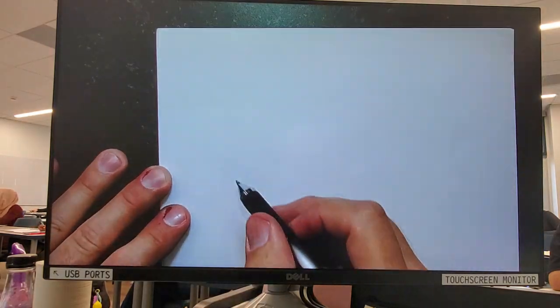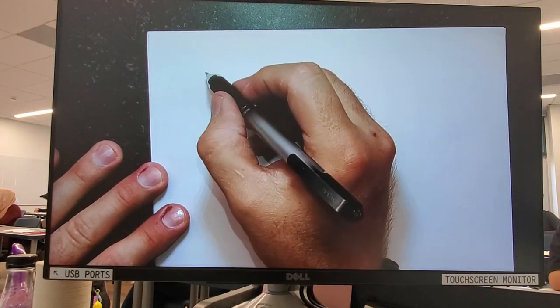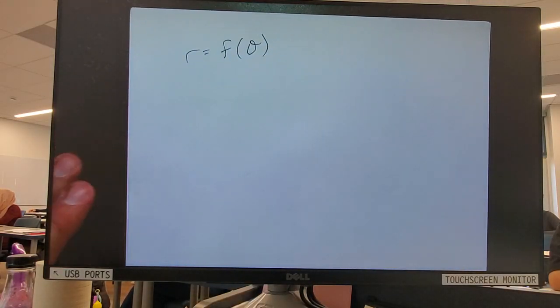So this is absolutely the last new idea for the semester, not forever, hopefully. This is section 10.4. One of the first things they do, a little bit out of order, which is fine with me, is we're going to talk about how to integrate a function of theta.